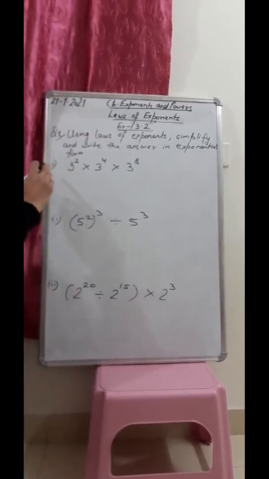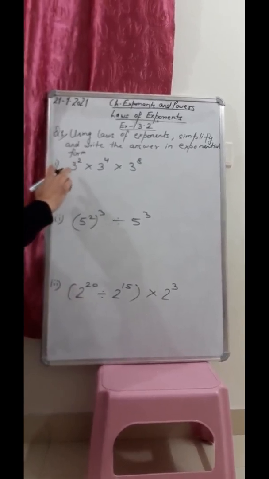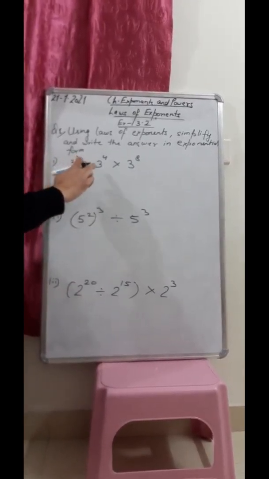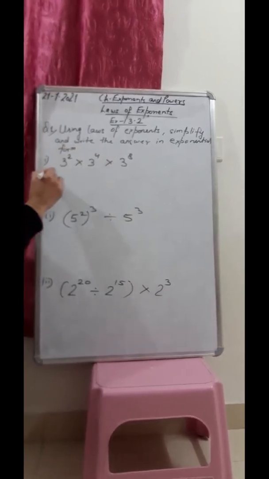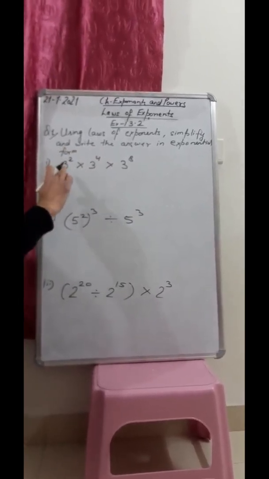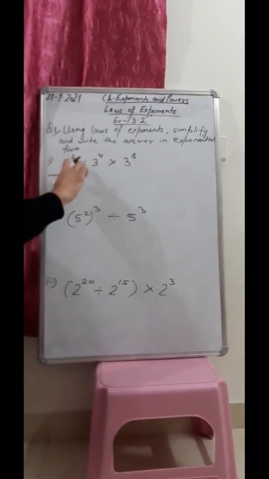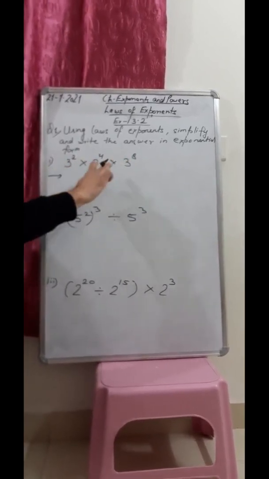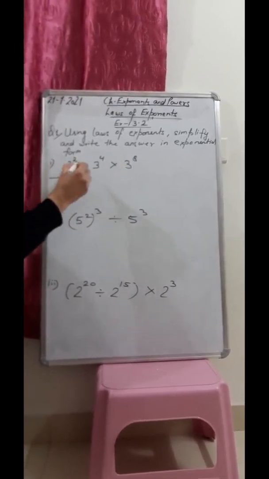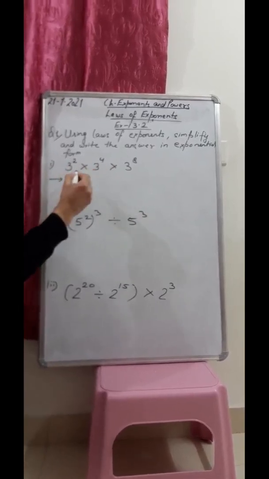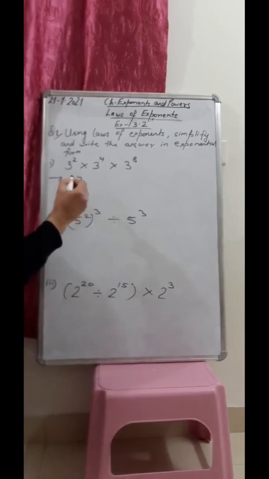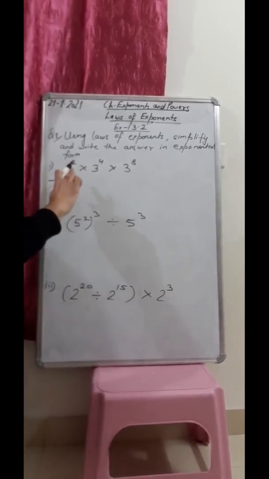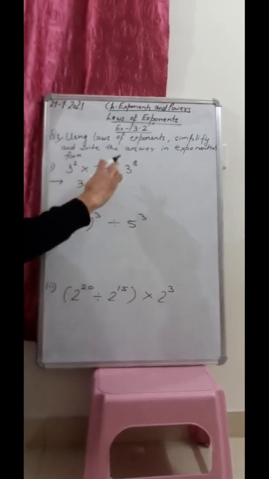First we can see that it is 3 raised to power 2 multiplied by 3 raised to power 4 multiplied by 3 raised to power 8. Here the exponents are getting multiplied and the base is the same. To simplify it, first we take the base. The base will remain 3 only, and powers get added when the base is the same.